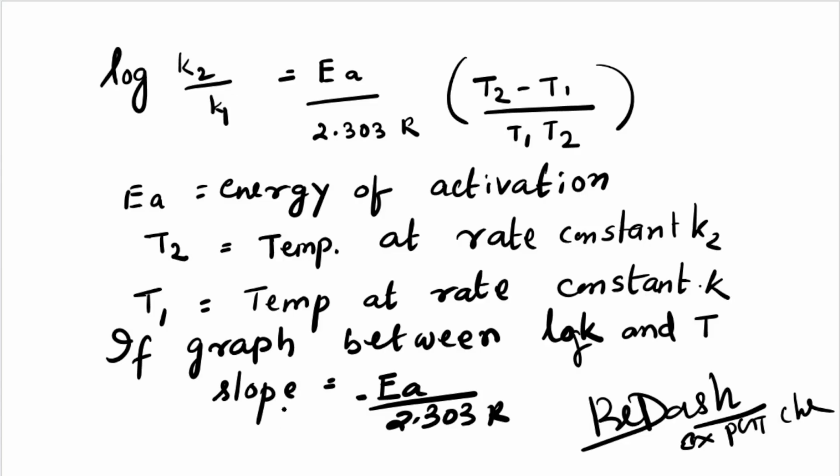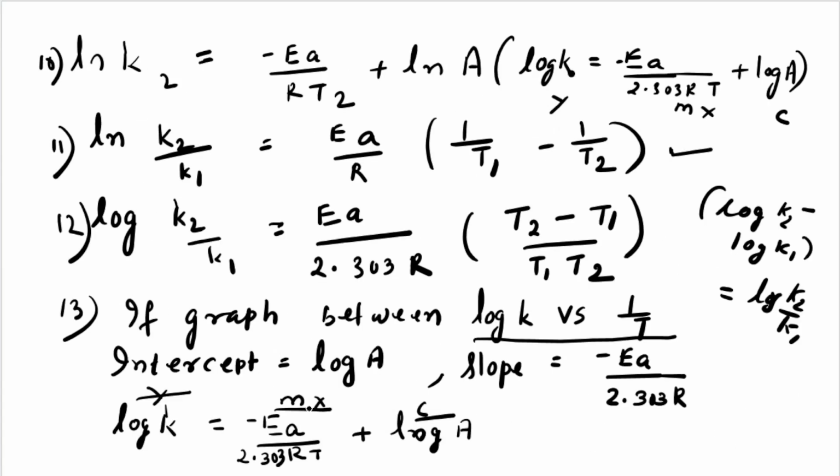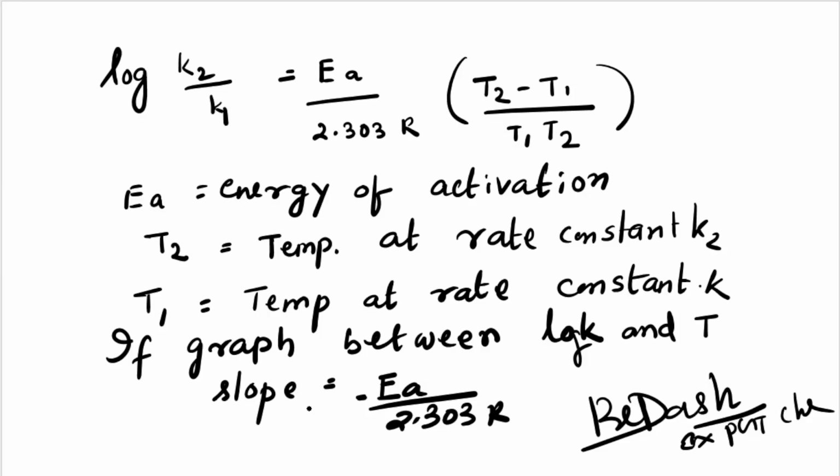If the graph is plotted between log K and 1 by T, the slope equals this value. This is a very important equation: log K2 by K1 equals Ea by 2.303 R times T2 minus T1 by T1 T2. I hope I have explained all the minimum formulas here. Try to understand them, and with the help of these formulas try to solve the problems.